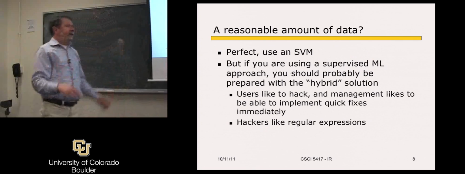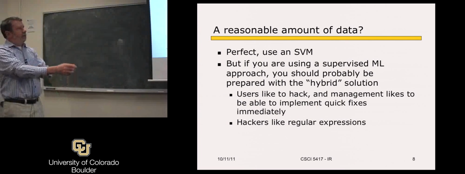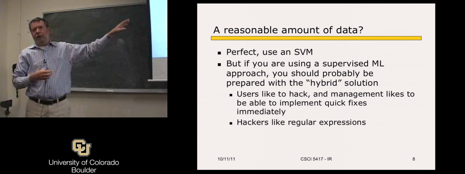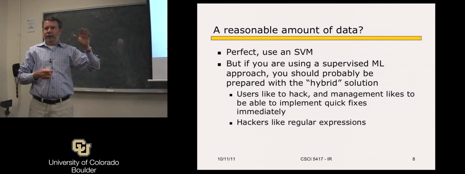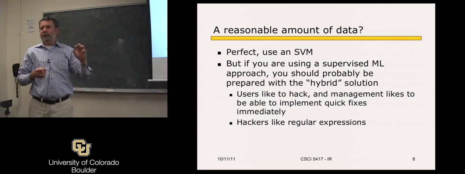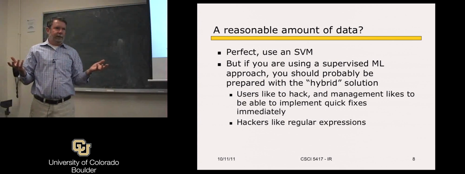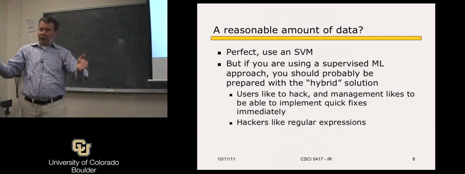If you have a reasonable amount of data, use an SVM. This is basically the point I was making before. Even with an SVM, even with a reasonable amount of data, you're going to have pathological cases where the same kind of documents keep getting misclassified in the same way. They usually wind up in that confusion matrix.